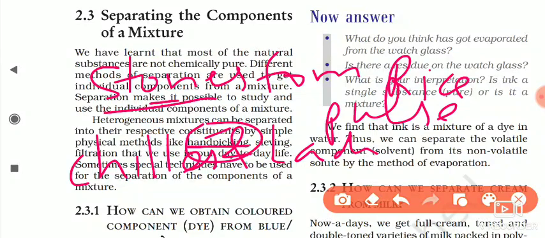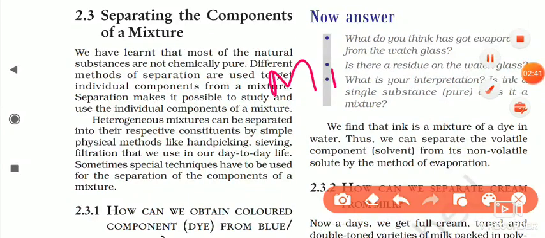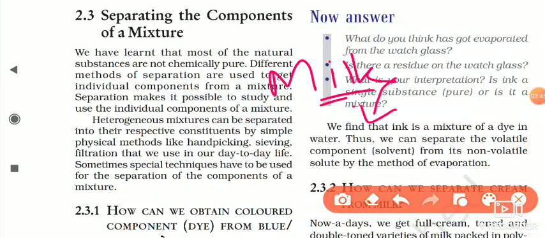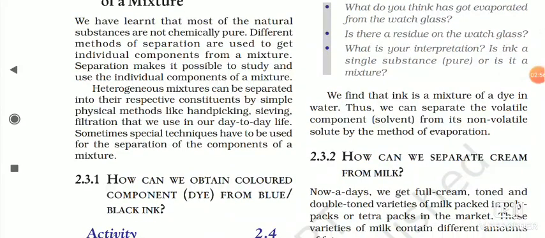Or sometimes you observe that while drinking milk, suppose some mosquito fell into the milk, then by using the hand picking method we can separate the mosquito.